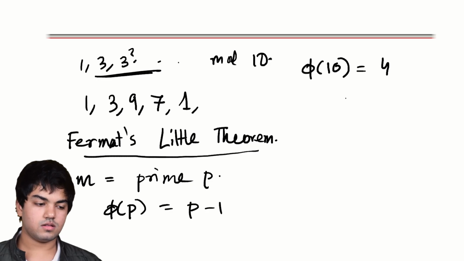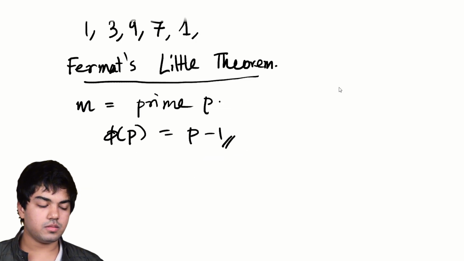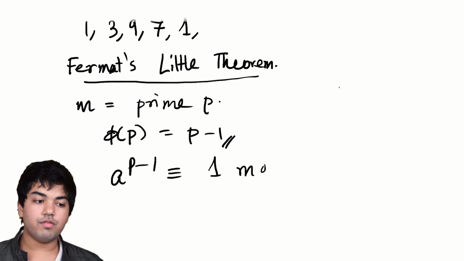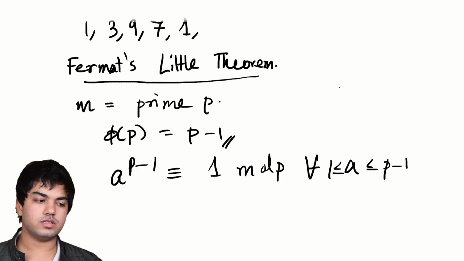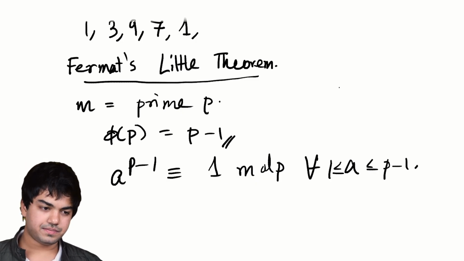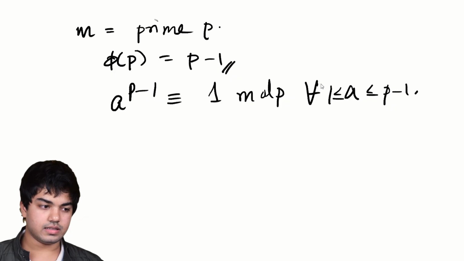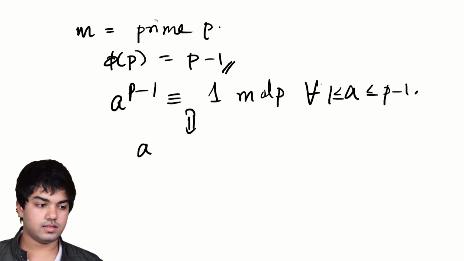Right? In particular, this tells me that A to the P minus 1 is congruent to 1 mod P for all A between 1 and P minus 1. Obviously, it's not true for 0. Right? If you raise 0 to any power, it's going to be 0. But another alternative way of writing this, which is true for all elements mod P, is this.